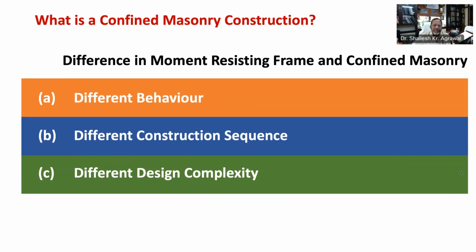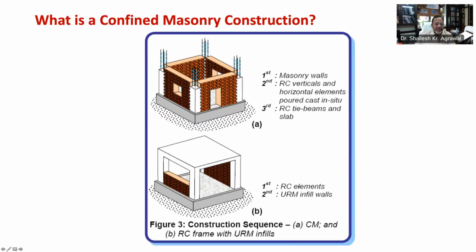Let's first understand this different construction sequence through this figure 3. Construction sequence is distinctly different for two construction types, that is confined masonry house and moment resisting frames with masonry infills. As you can see in this figure 3a, in confined masonry construction, masonry walls are built simultaneously with reinforcement in vertical and horizontal RCC confining elements, and then concrete is poured in these elements at the end.